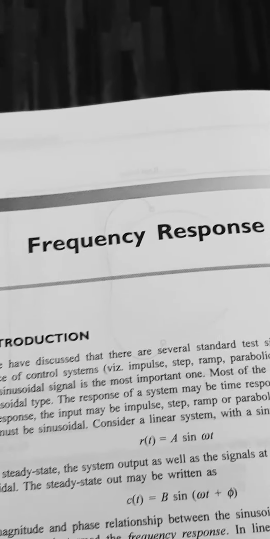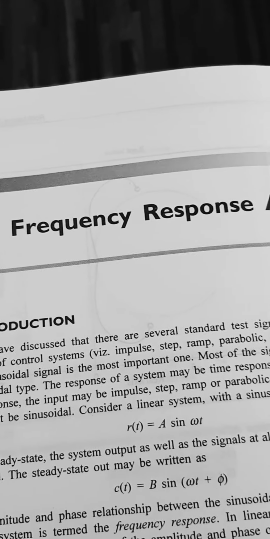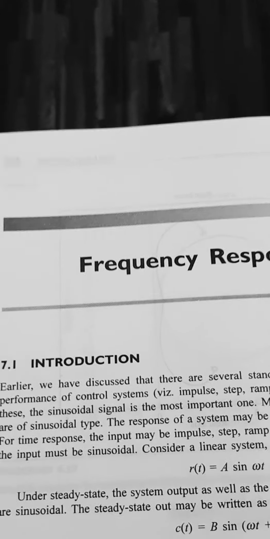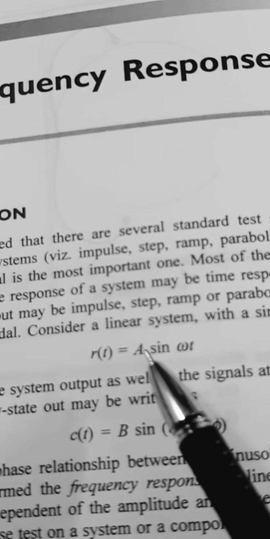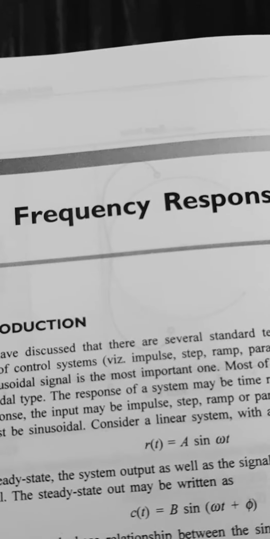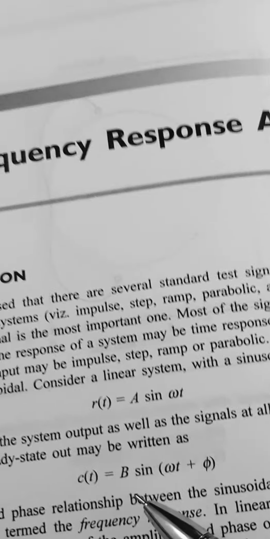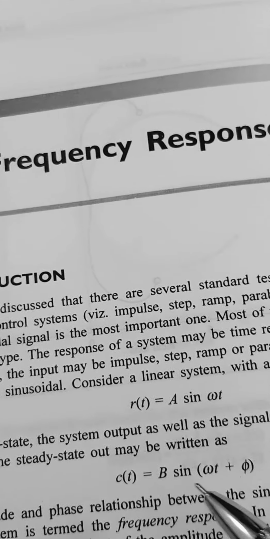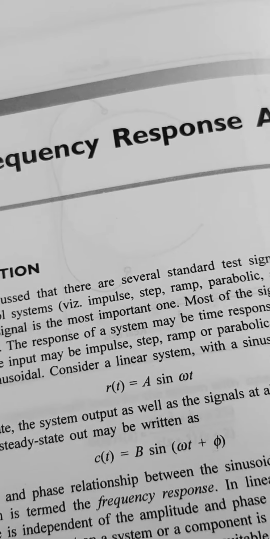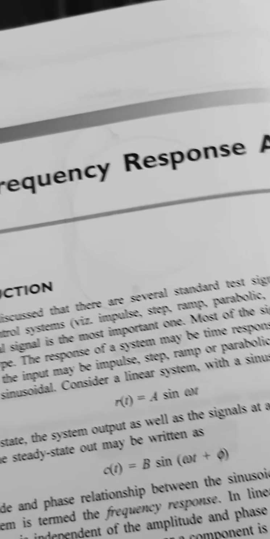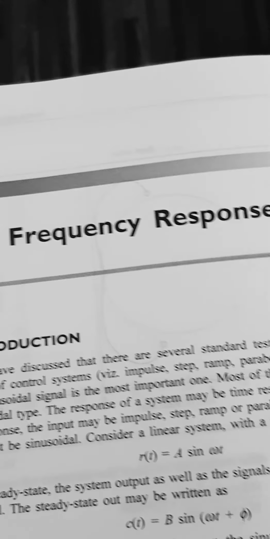Now, the frequency response test on a system or a component is normally performed by keeping the input amplitude A fixed and determining the output B and phi for a suitable range of frequencies.